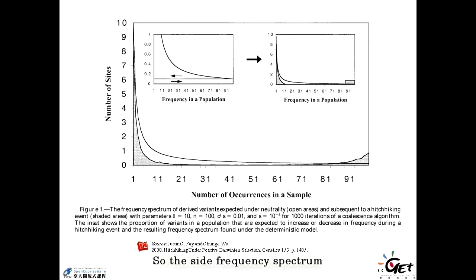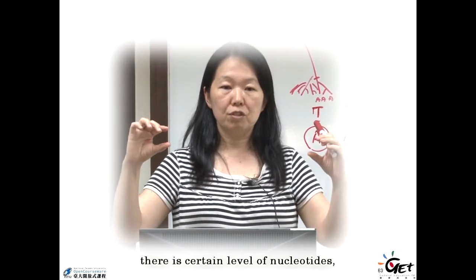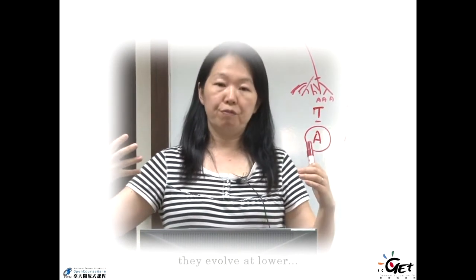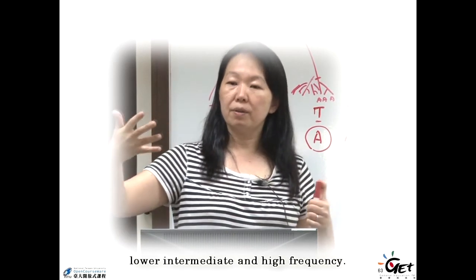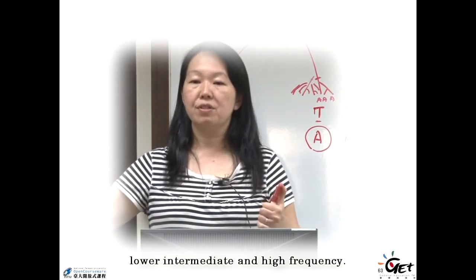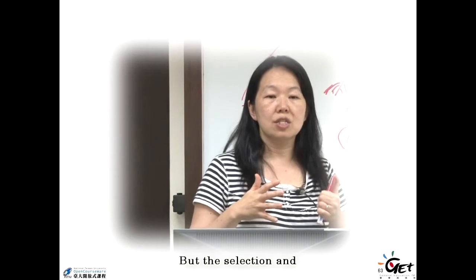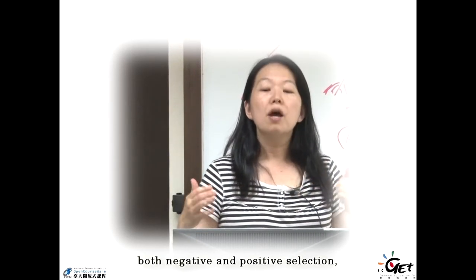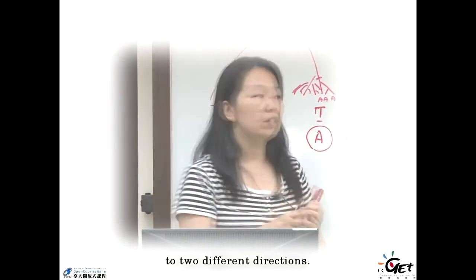So in the site frequency spectrum of a population, there is actually a certain level of nucleotides that evolve at lower, intermediate, and high frequency at all times. But selection, both negative and positive, pushes the frequency spectrum in two different directions.